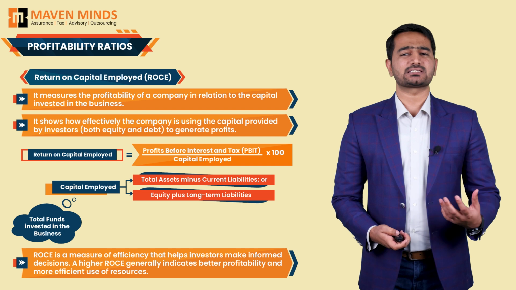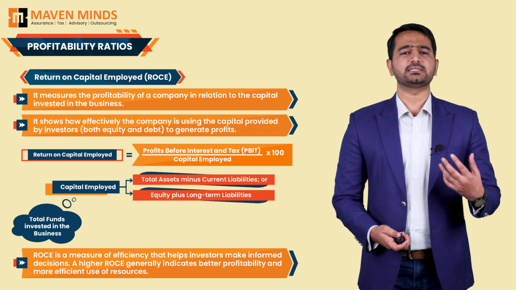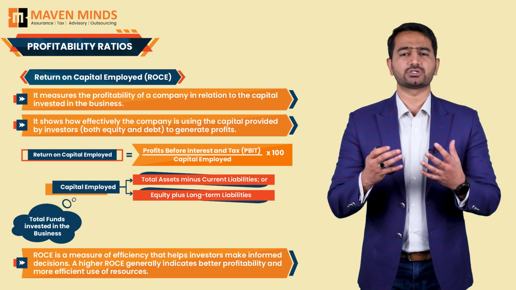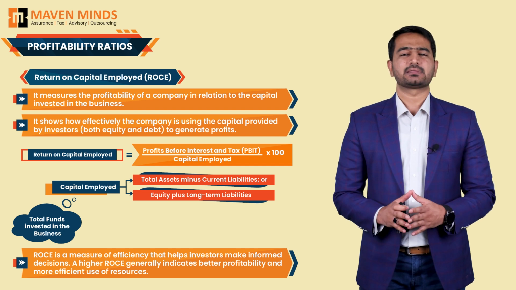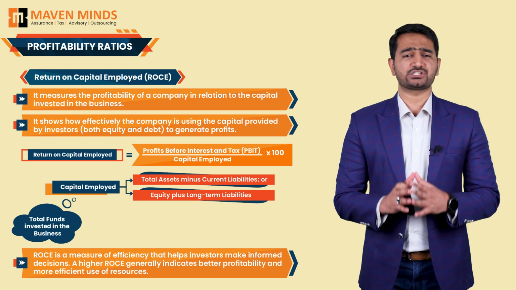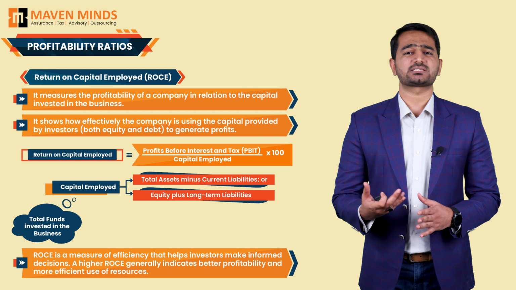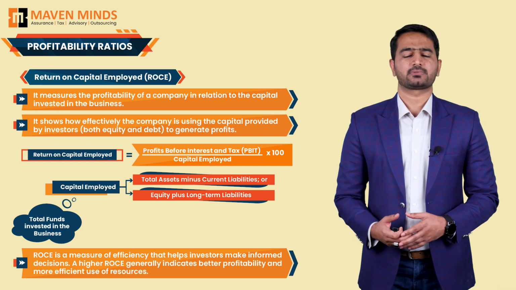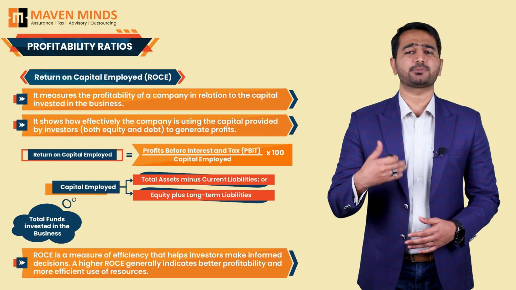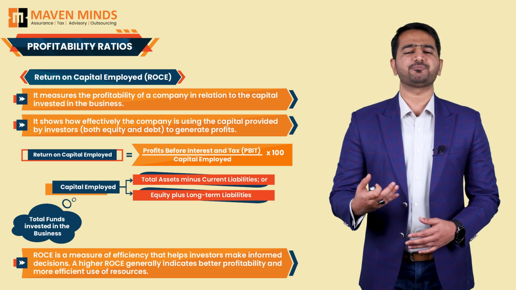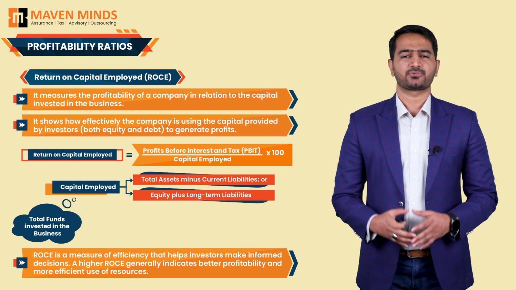It tells investors how effectively their money is being used to generate profits. It's not just a number, it's a measure of efficiency that helps investors make informed decisions. A higher return on capital employed generally indicates better profitability and more efficient use of resources.